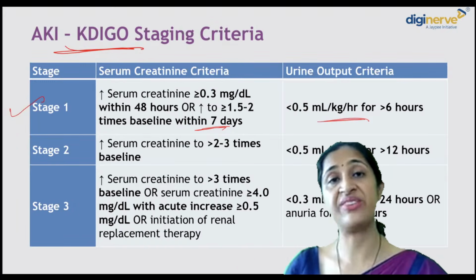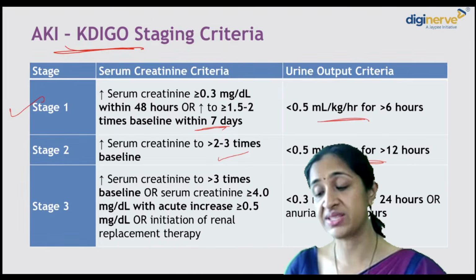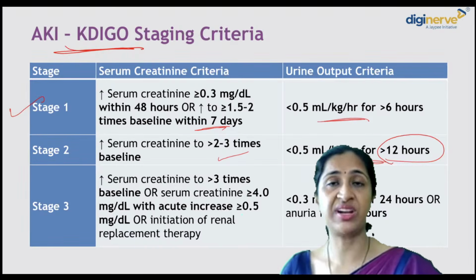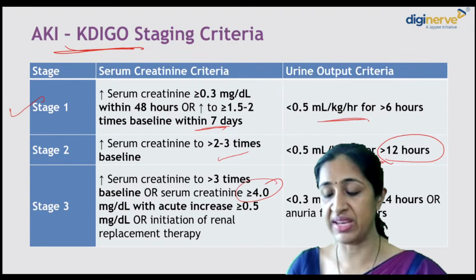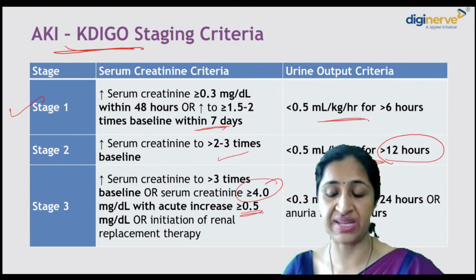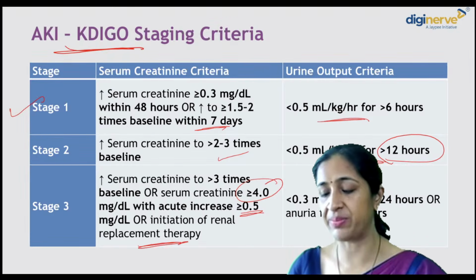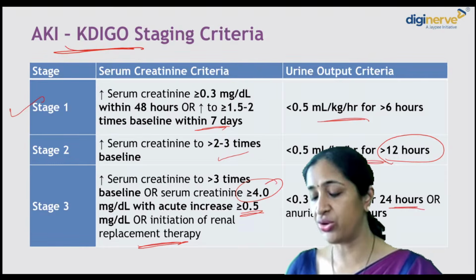Stage 2 is a very fast rising serum creatinine and the urine output remains low for longer. Stage 3 is where it jumps to 3 times, or serum creatinine is more than 4, or there is an acute increase of more than 0.5 milligram per deciliter, or you need to initiate renal replacement therapy, where oliguria is more than 24 hours and anuria for 12 hours.